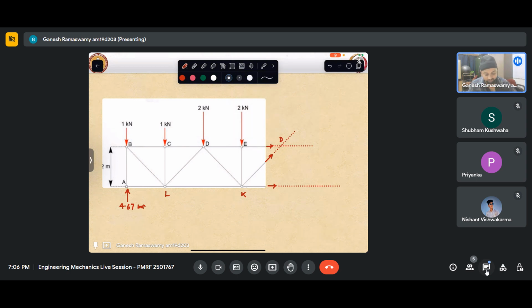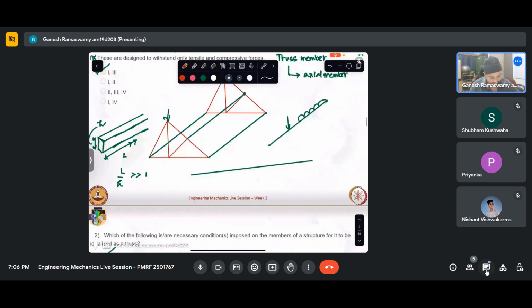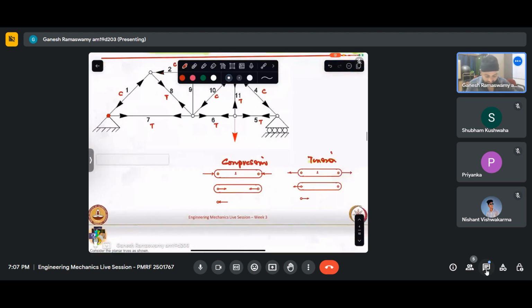Another convention, the best recommended approach, is that you initially consider all the members to be in tension. We have seen in this question that when a force is shown to act away from the member, it implies that the member is in tension.